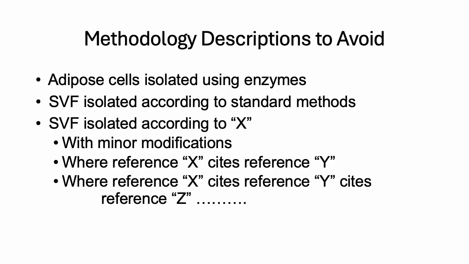And then I've seen SVF isolated according to X, where if you go to reference X, it will cite reference Y. And then if you go to reference Y, it will reference a paper by a different set of authors, reference Z. I've carried this out, and the largest string has been 6 different references, citing a reference, citing a reference, and the original reference provides very little information.